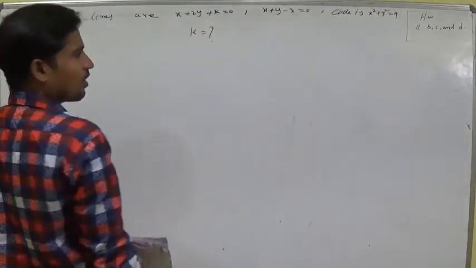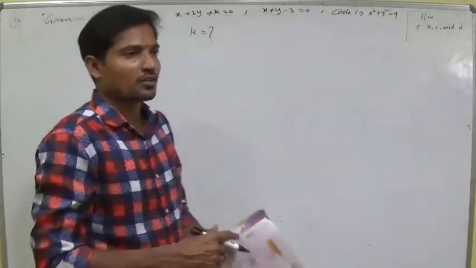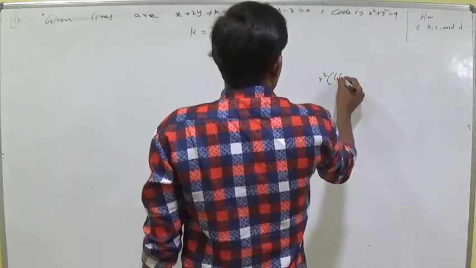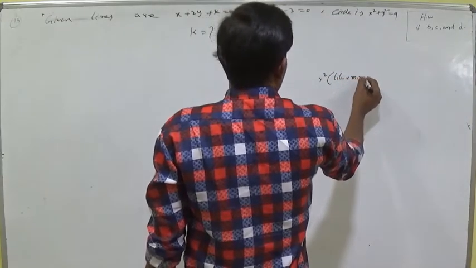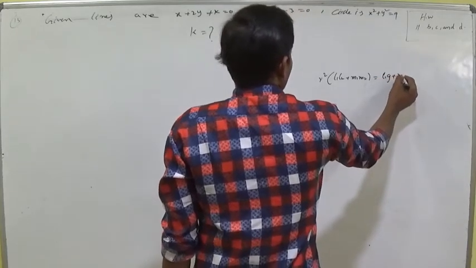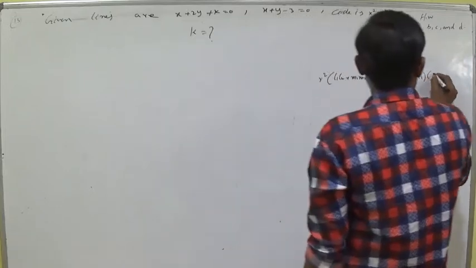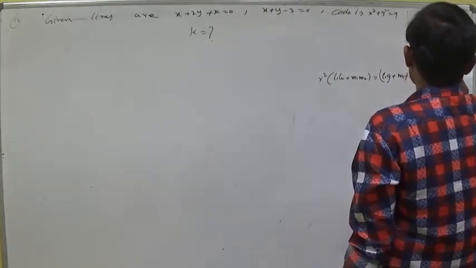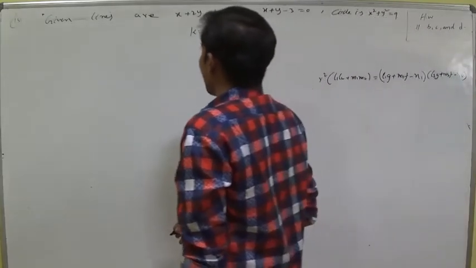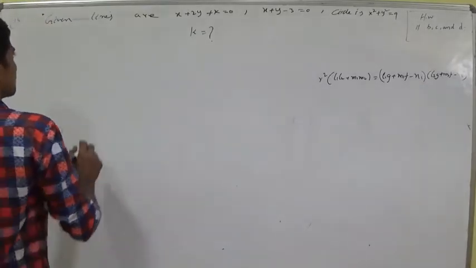Given lines are conjugate, then the formula is r square into L1 L2 plus M1 M2 equal to L1G plus M1F minus N1 into L2G plus M2F minus N2. So what are the values of L1, L2 and M1, M2 and N1, N2 here?